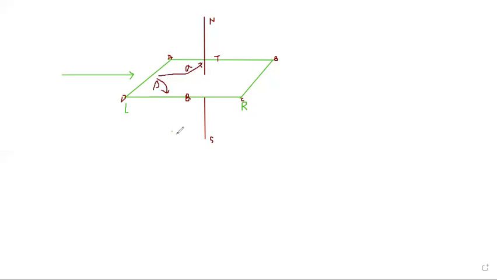That is your beta. Okay, so we have alpha particle to the top and beta to the bottom.